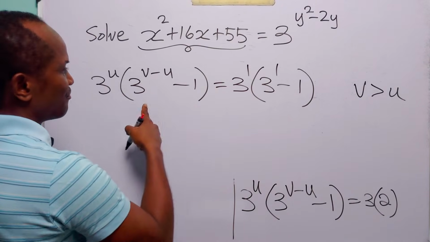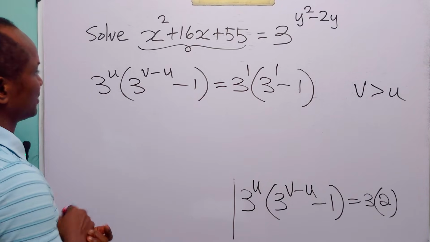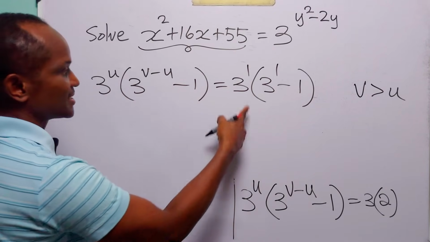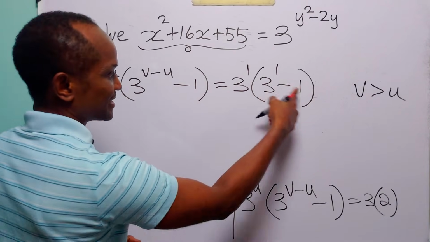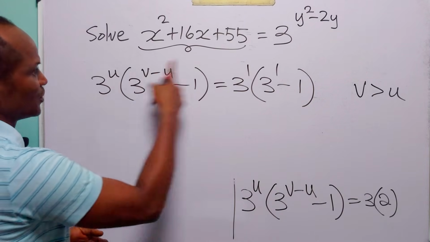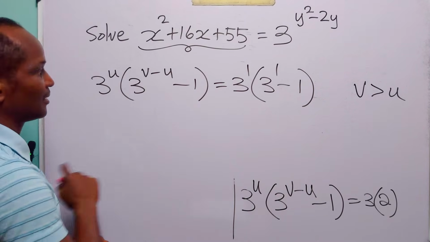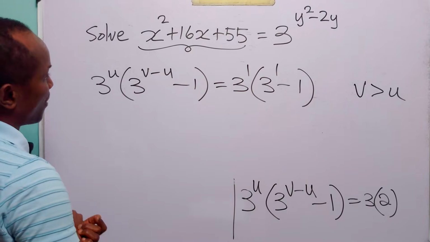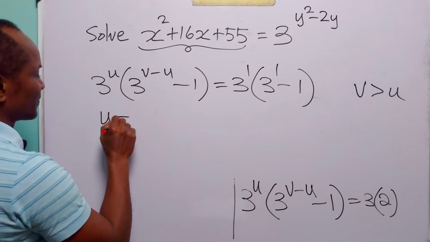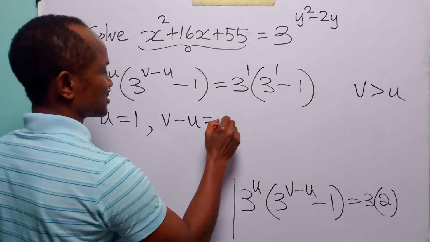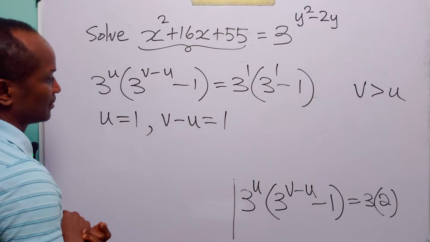Now let us compare both sides of this equation. This multiplied by this minus 1 is equal to this multiplied by this minus 1. From here, it's easy to see that u is equal to 1, and v minus u is also equal to 1.